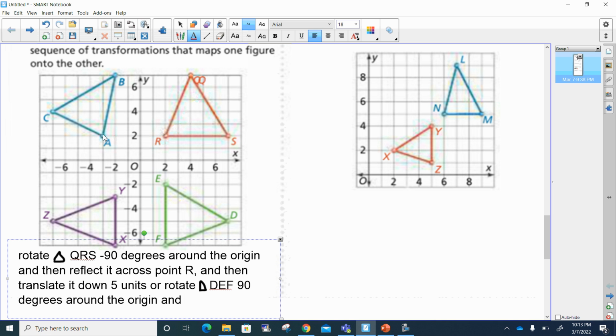So we could reflect it across E. Let's see.